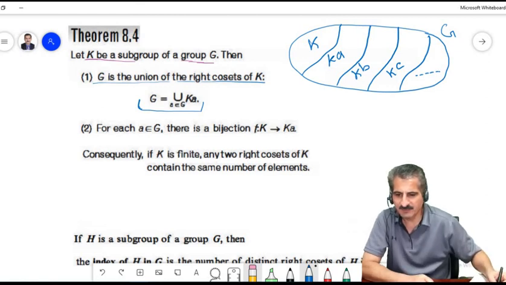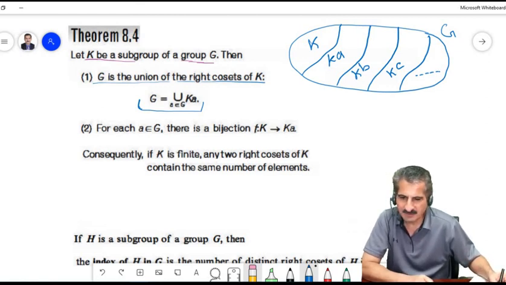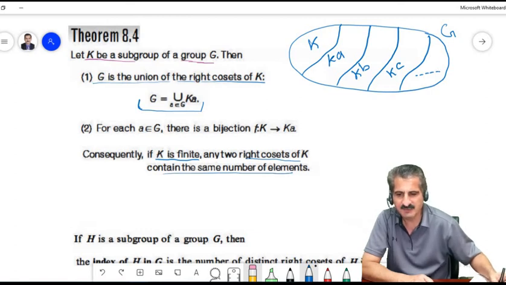Now part of the theorem says if K is finite, then any two right cosets of K have the same number of elements. That means the function f from K to one of its cosets is a bijection.